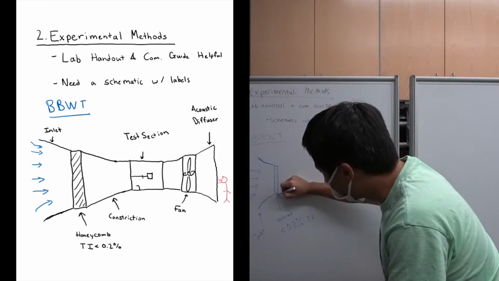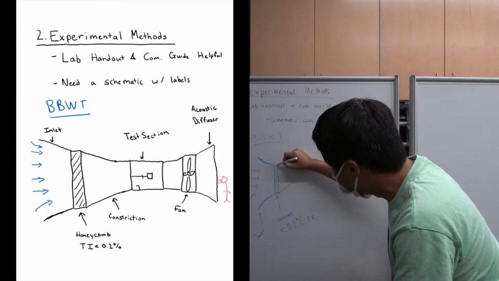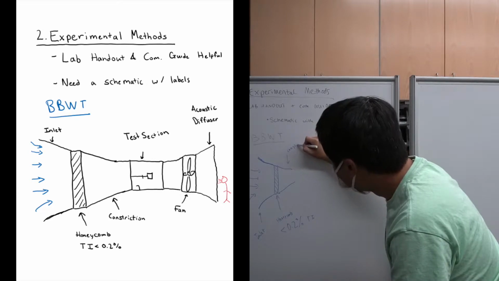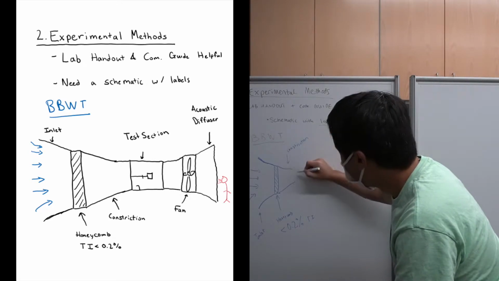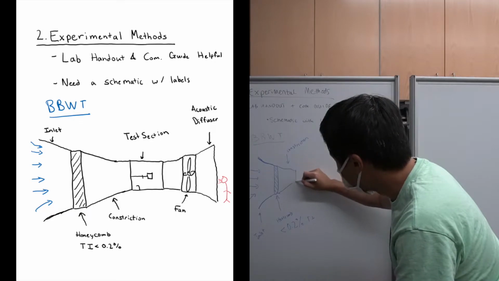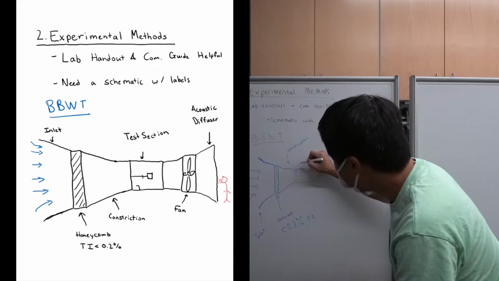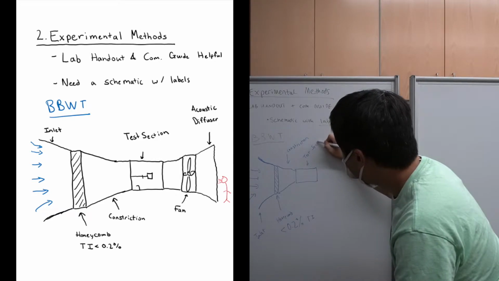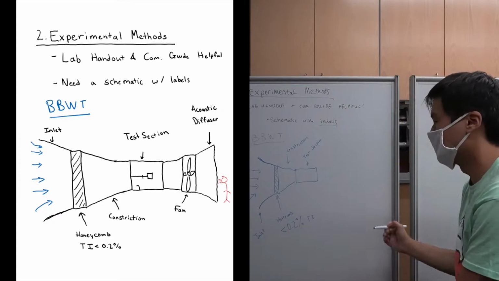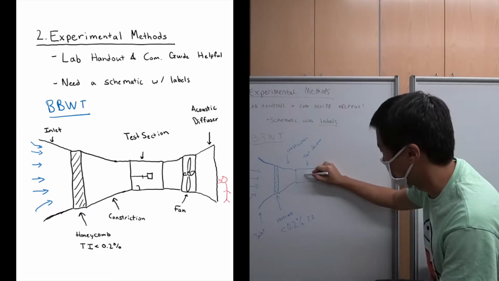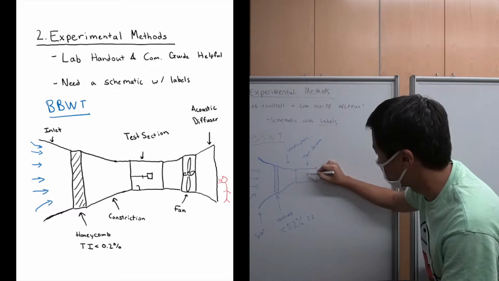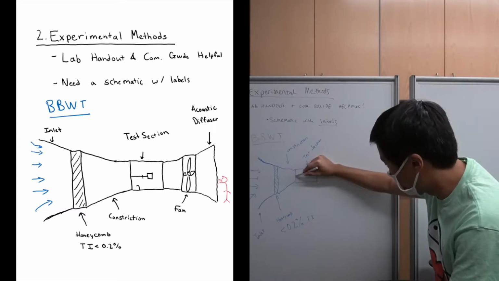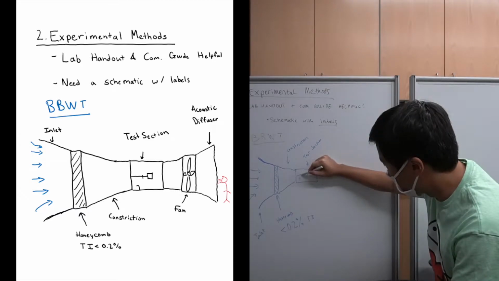And here the flow constricts to accelerate into the test section. So we have a constriction right here into our test section. We'll talk more in detail about what's going on in the test section, but if you remember from the lab, we have our cylinder, we have a pitot-static tube, and we have a rack and pinion system that we put a plate on.